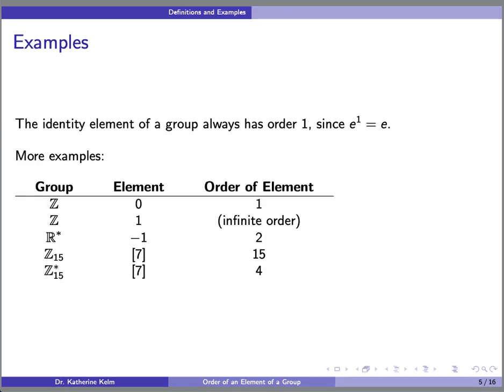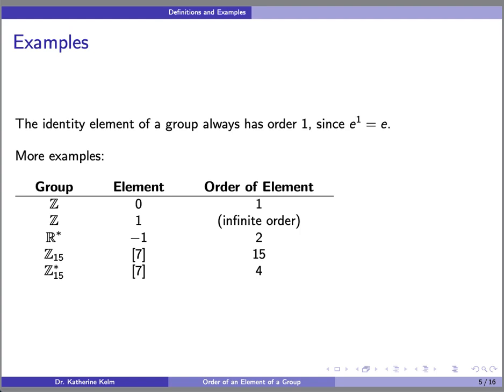So just a few examples. The identity element of a group always has order 1, since e to the 1 is always e. So in particular, for the group of integers under addition, the identity element is 0, so the order of 0 is 1.